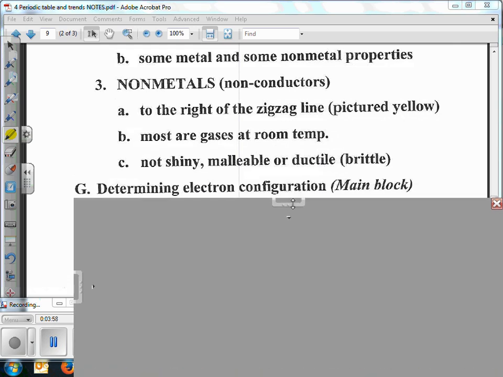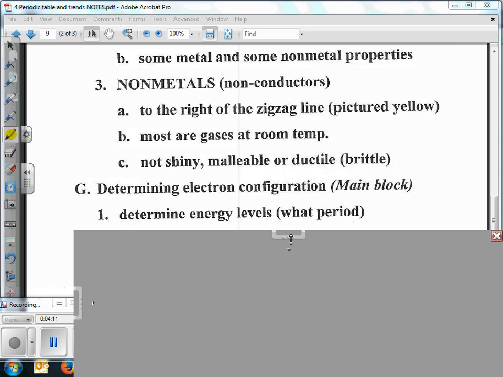So this is kind of where we're starting today, determining electron configuration. And I will tell you, you're only going to get a very small part of the story today. When you determine the electron configuration, you're going to be looking at the energy levels of the electrons.